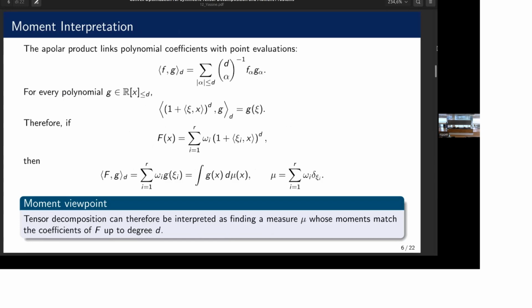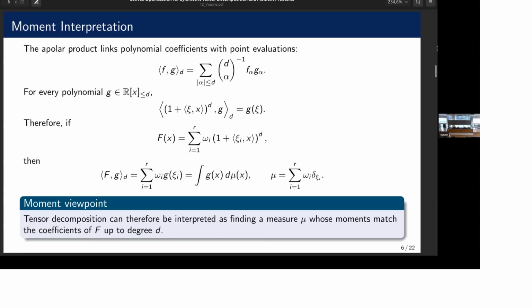The link with the moment problem is made via the apolar product, which links the polynomial coefficients with point evaluations. For example, if we have a polynomial in this form and we take the apolar product with any polynomial j, this product equals j evaluated at the point xi.